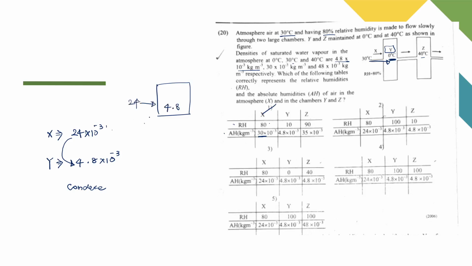Only 4.8 can be accommodated. Others have to remain out. That is condensing.